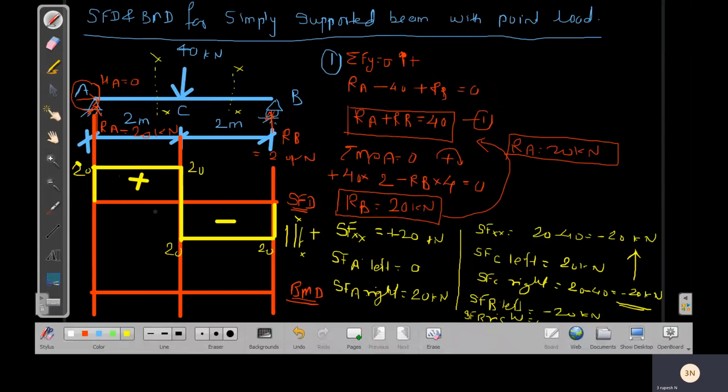Now we have to find out the bending moment values. Okay, so let's start with the bending moment. So again I will draw the beam like this. Now here, this is your reaction, this is your reaction, and here is your 40.